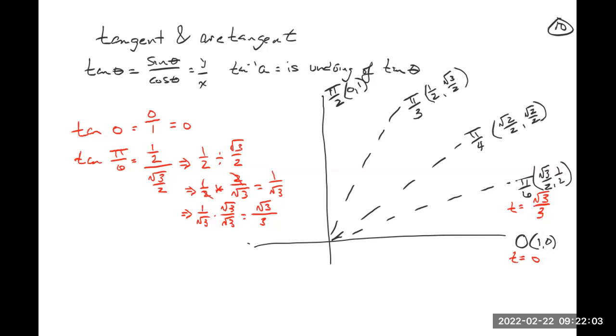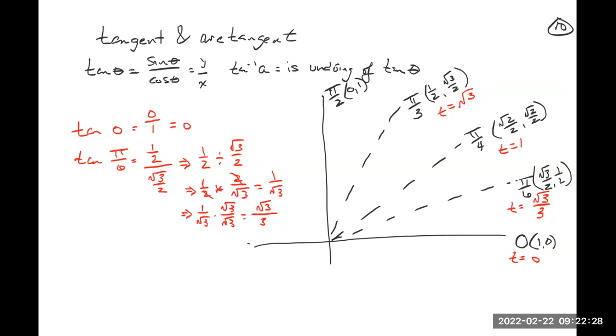Pi over 4, well, you know what? Clearly that's 1, right? Because anything divided precisely by itself is equal to 1. Pi over 3, well, we're just going to flip the numerator and denominator from pi over 6, and we're going to end up with simply the square root of 3.